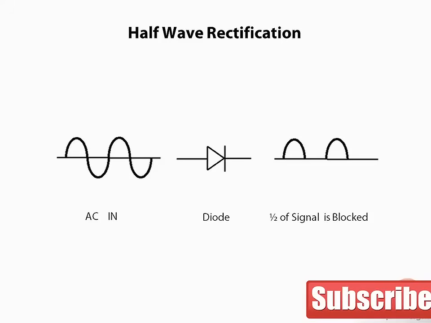So moving from left to right in this diagram, we see the original AC signal. As it passes through the rectifier, which in this case is a single diode, it yields the modified waveform. This is a raw half-wave signal which can be further filtered and smoothed using RC circuits.